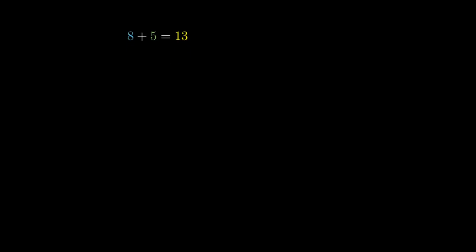Now, differentiation measures the small changes to the function value in response to some push in the input. So let's just say that both these numbers 8 and 5 have changed by some amount. So now it's 8.02 and 5.03.